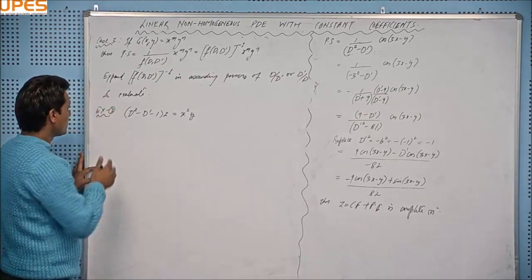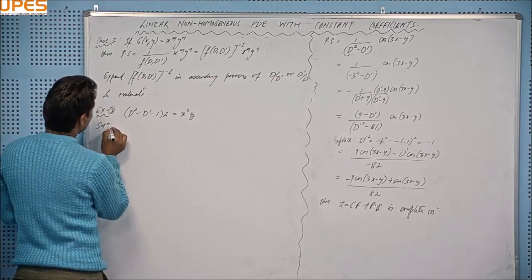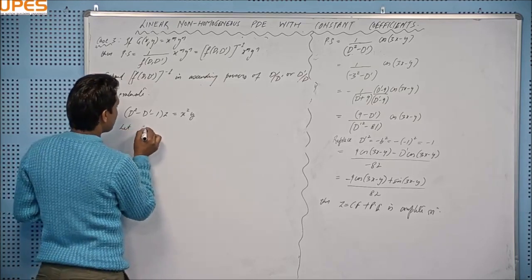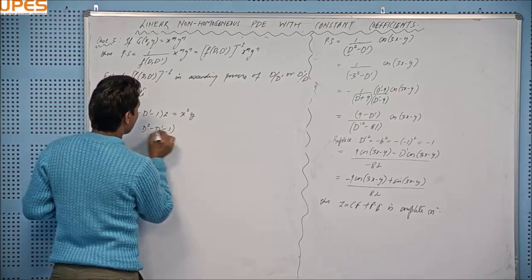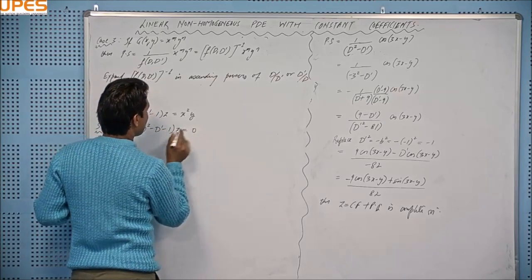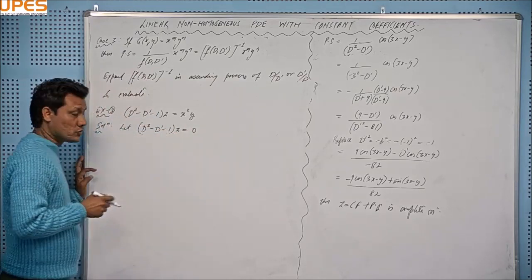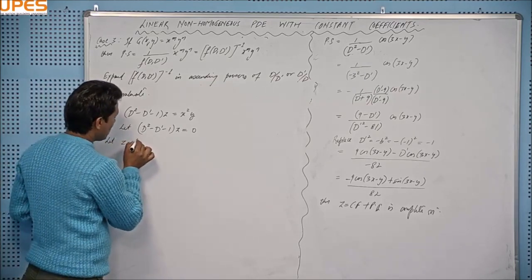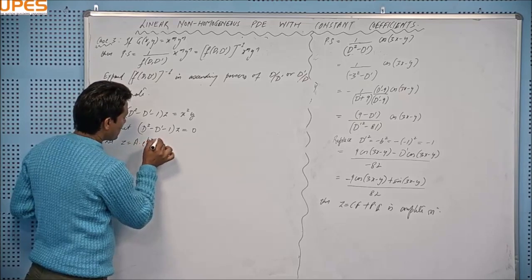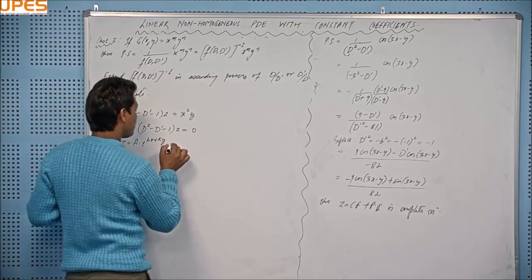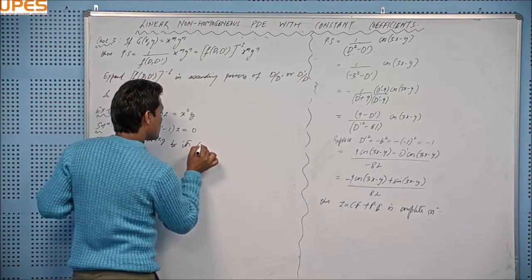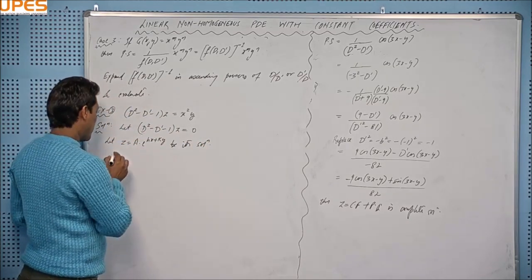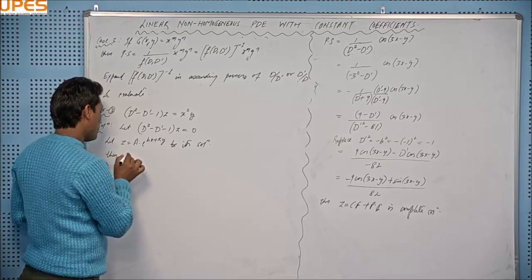Considering the operator (D square minus D dash minus 1) z equal to 0, which is non-factorizable as a product of linear factors, I let z be equal to a times e to the power (hx plus ky) be its solution.